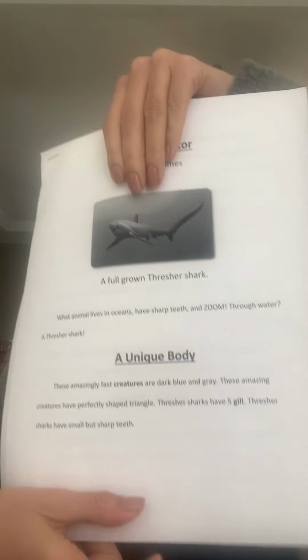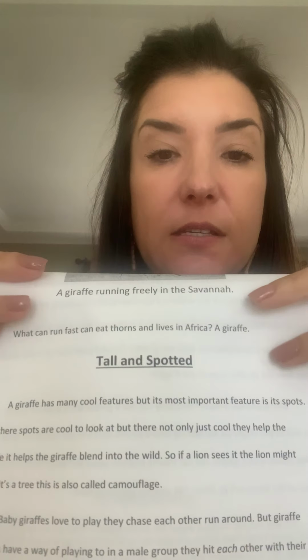Somebody used a unique body for a fierce predator as well. I like this one for a giraffe. Instead of appearance, tall and spotted. For a bald eagle, instead of appearance, soaring high. For another bald eagle, instead of appearance, skyscraper.